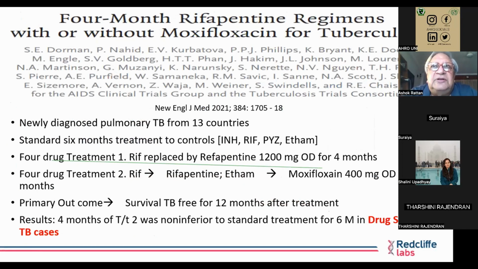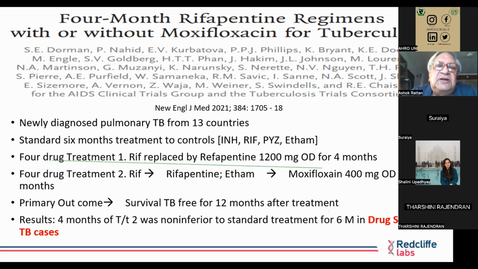The treatment for drug-sensitive tuberculosis has remained unchanged for the last 40 years. It is 4 drugs to be given for 2 months, known as the intensive phase, followed by 2 drugs to be given for 4 months, which is the continuation phase.